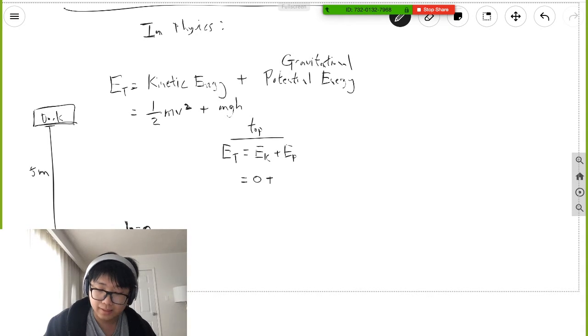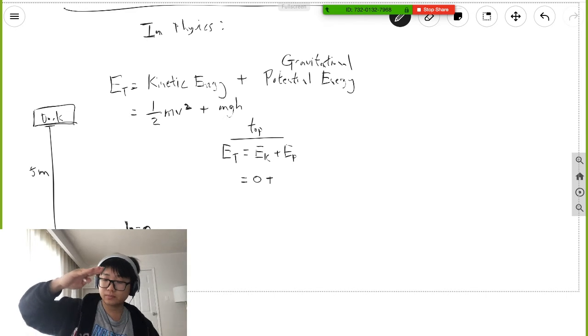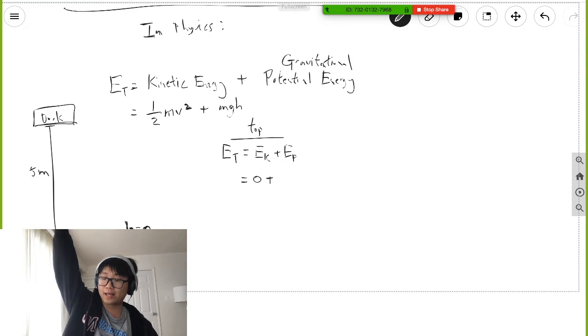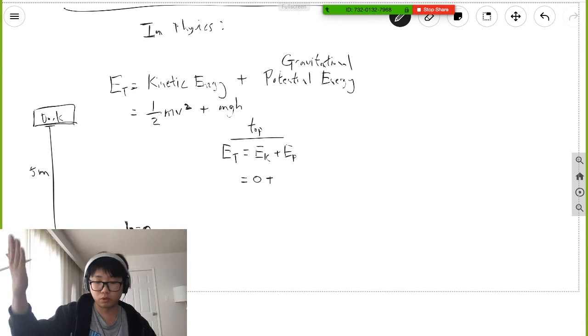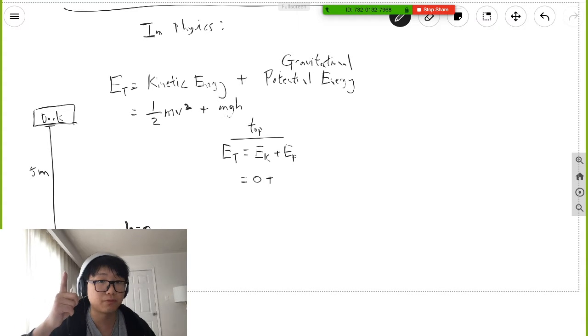Potential energy, mgh. M is the mass, g is gravity, h is height. I don't even bother writing any of these down because the letters are pretty straightforward. The higher the mass, the more potential it has to gain energy. When I drop that, the heavier it is, the more energy it's going to gain. That's not to say it's going to be faster though, because I hope you know by now, have you seen the experiment with them dropping a bowling ball and a feather in outer space?